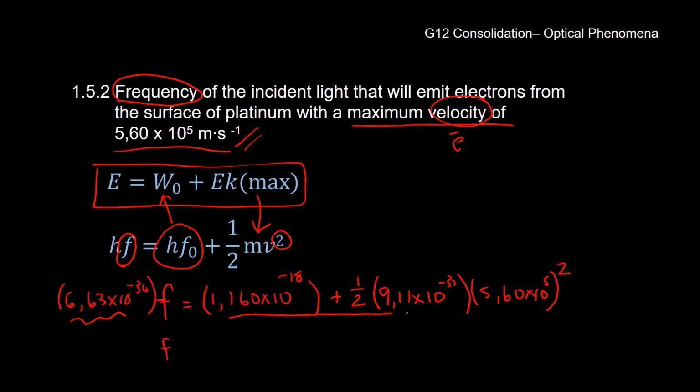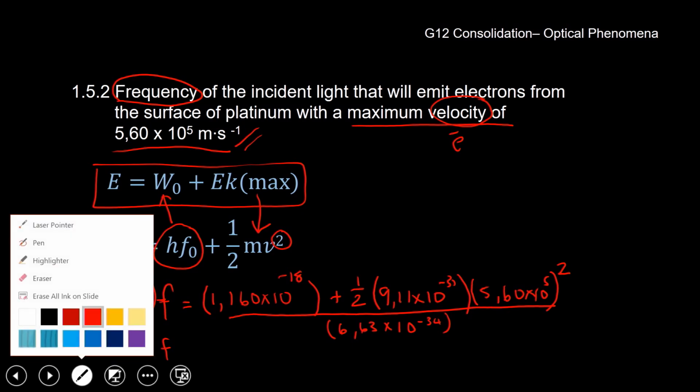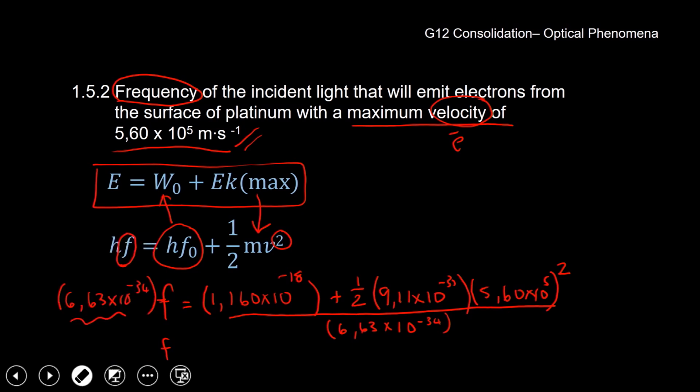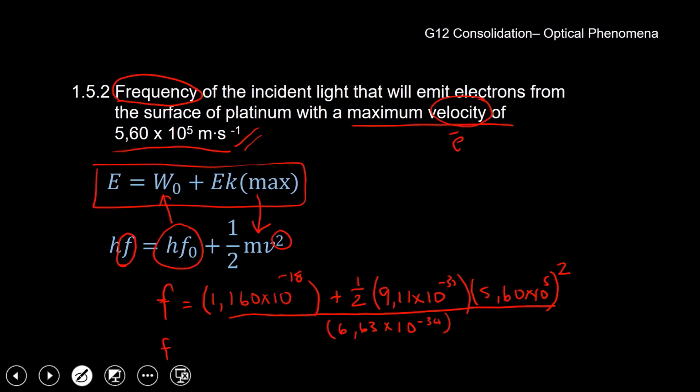So we divide by Planck's constant, 6,63 times 10 to the minus 34. I'm just going to erase this on this side so we don't get confused about it. You know that we've moved it over so that we can calculate this value of frequency that we need.